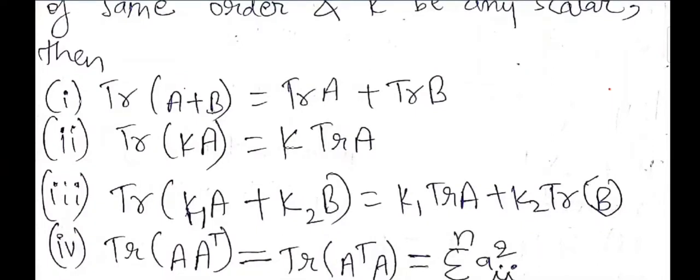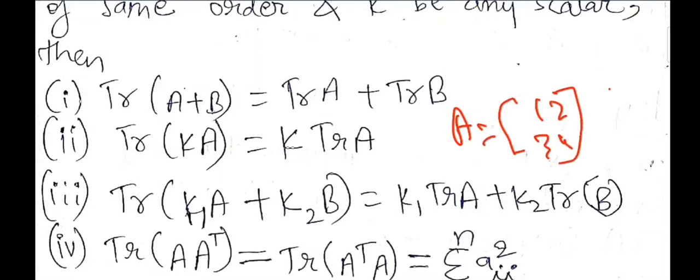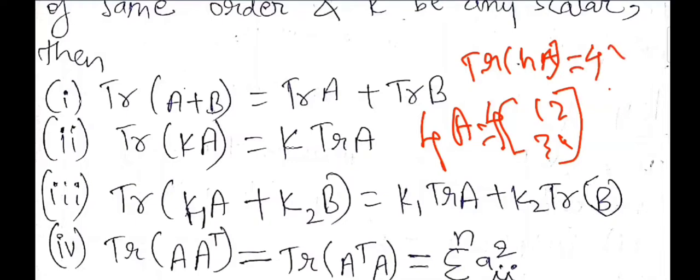Suppose A equals 1 2 3 4, and suppose the number 4 is multiplied to it. Then when I take the trace of 4A, I can clearly write 4 times trace A.